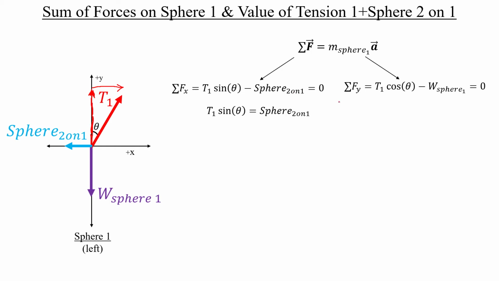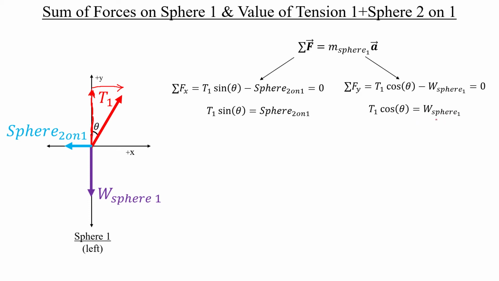We can do the same trick as we did in the x part over here and take this weight of sphere 1 and move it over to the other side. So now we have another expression. But with this one right here, we're in a better position to play around and get to the tension in wire 1 because we actually know everything here already.